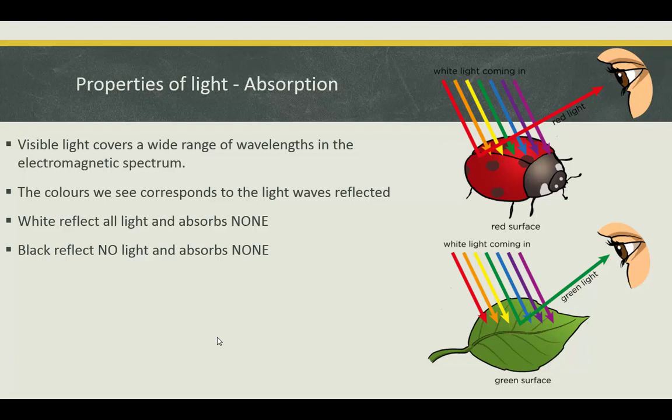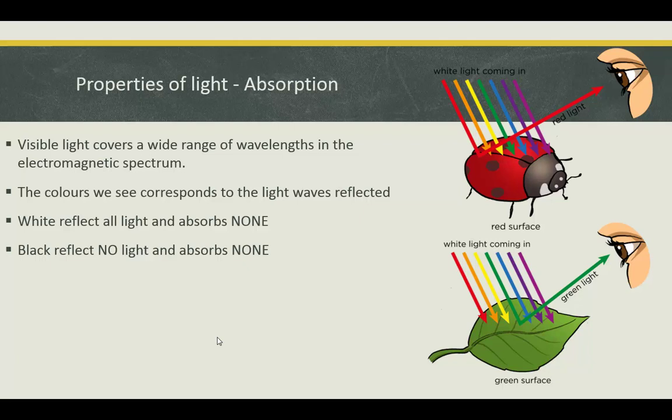That means that when we're dealing with white light, if the object that the light is hitting is, let's say, a white car, then all the light is being reflected off of that object. If it was a black car, then we would say that it's black because none of the light is being reflected, so all of the light is being absorbed.